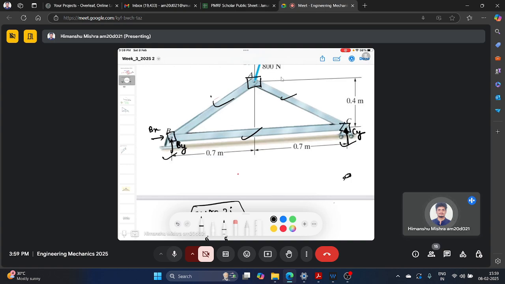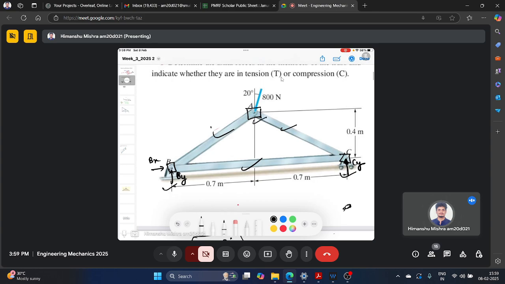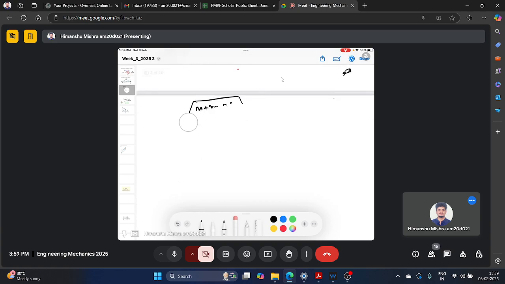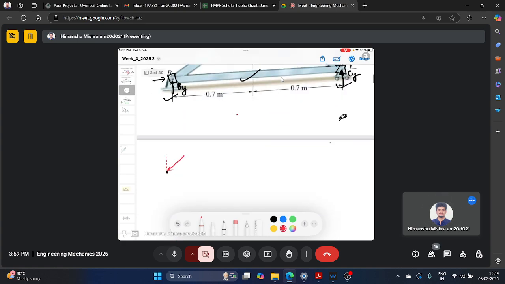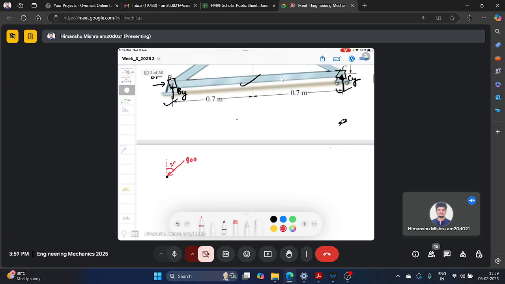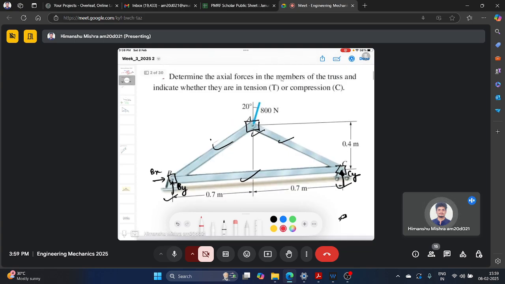If I consider joint A first, there is a force 800 at an angle 20, and then there will be forces AB and AC.